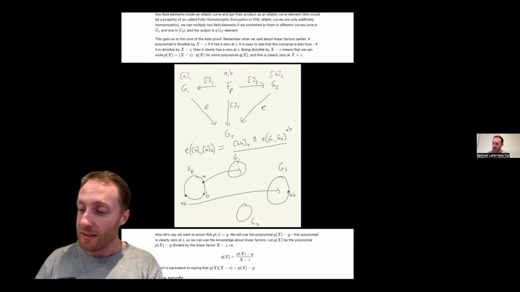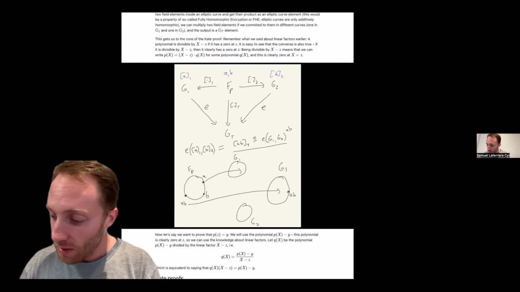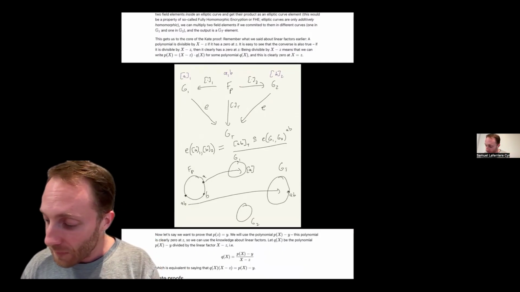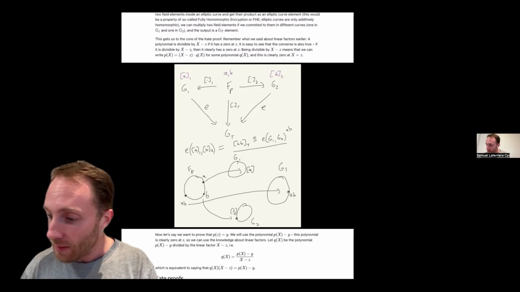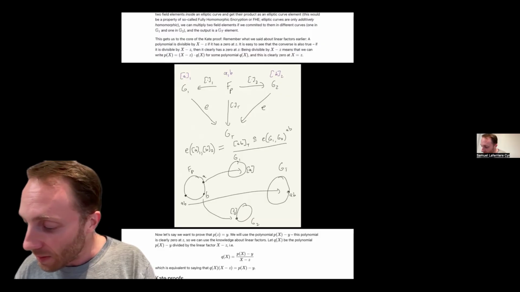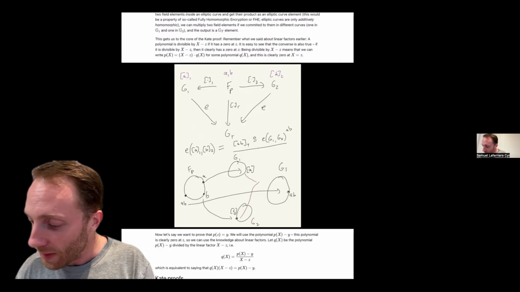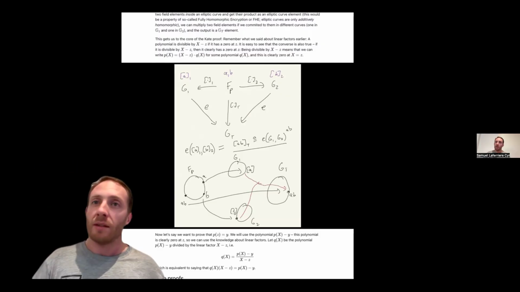And the result of this is the same as embedding A here, embedding B here, and then taking the pairing to combine these.